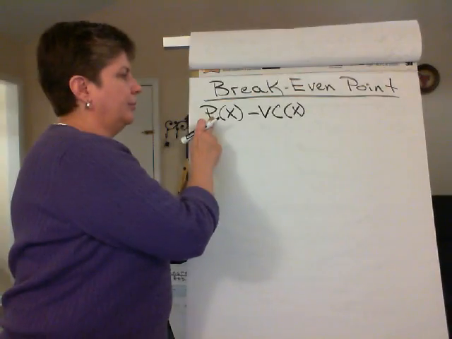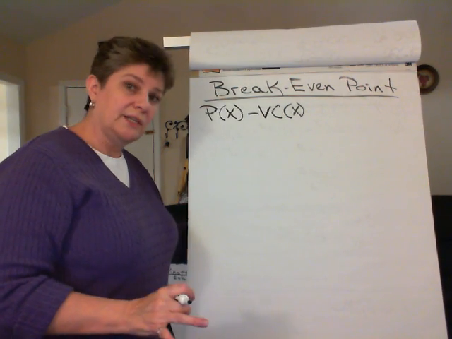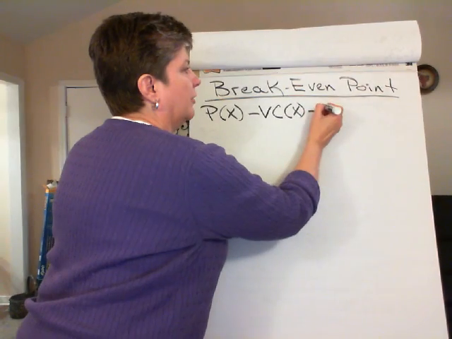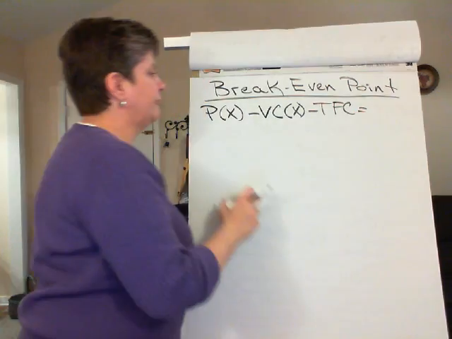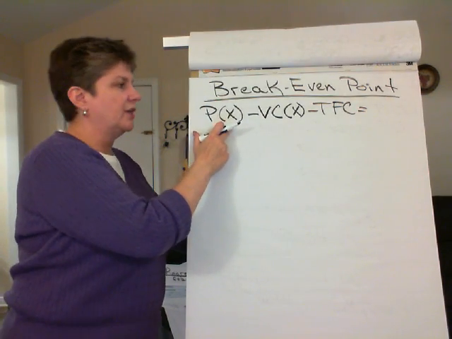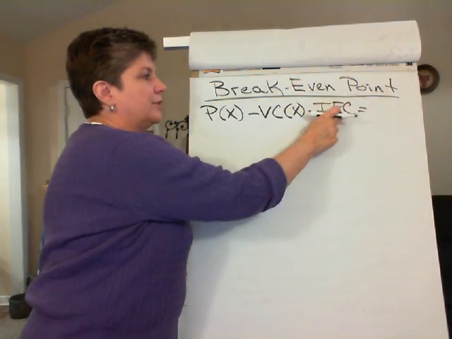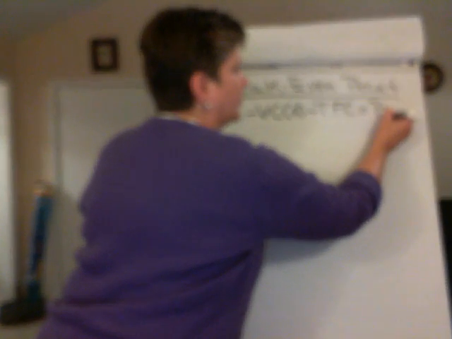Then the next thing, price minus variable cost yields contribution margin, and the next thing we did on our income statement was to subtract out the total fixed costs. And that difference, price times number of units sold minus variable cost times number of units sold minus total fixed cost, that is supposed to yield the profit.